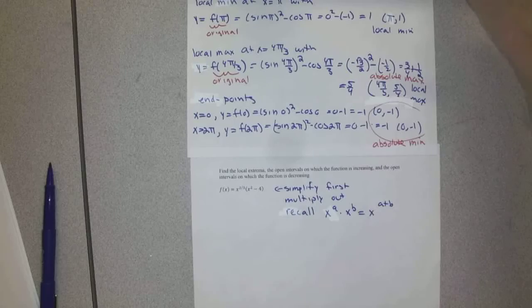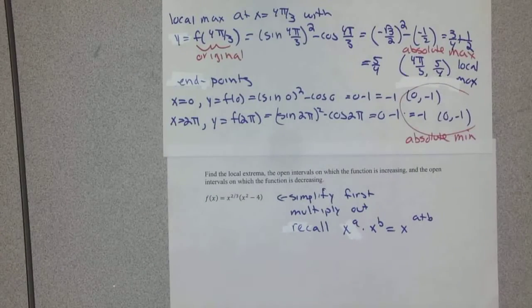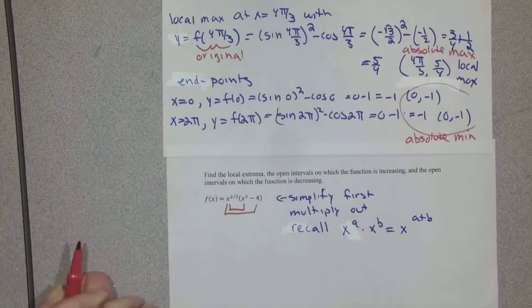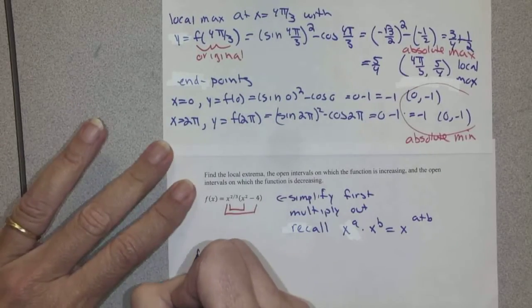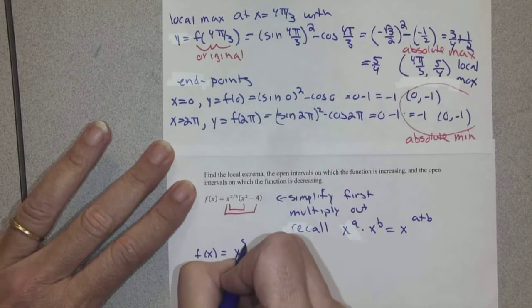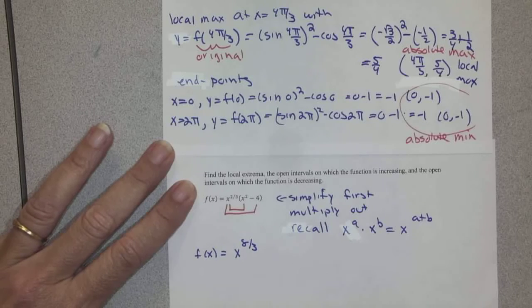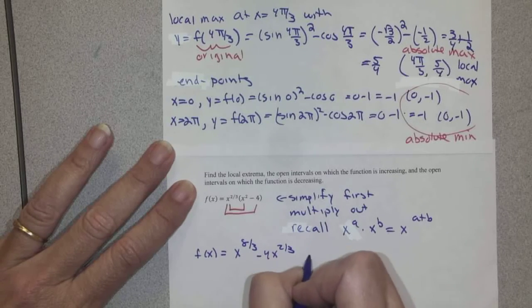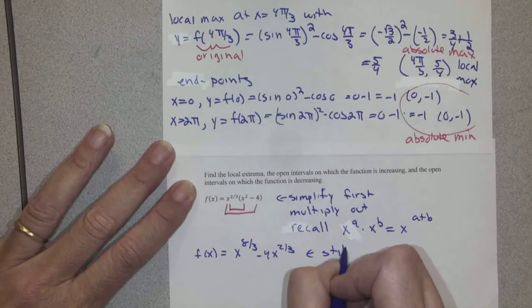So I'll zoom in for a little bit. That's a little bit more legible. So I'm just going to distribute here. And so I'm going to have f of x equals, 2/3 plus 2 is 8/3, so I have x to the 8/3 minus 4x to the 2/3. That is still the original.